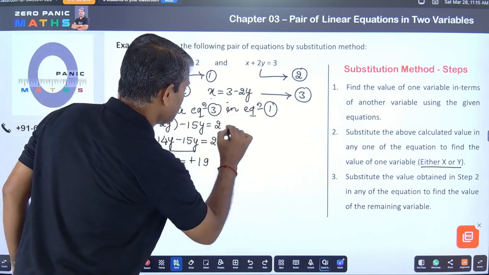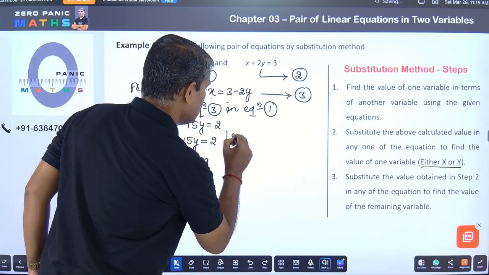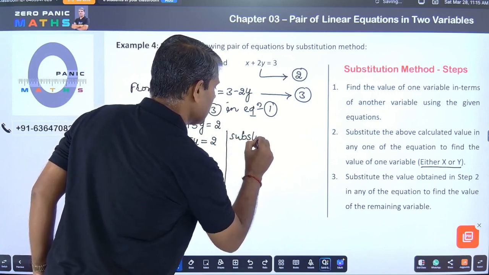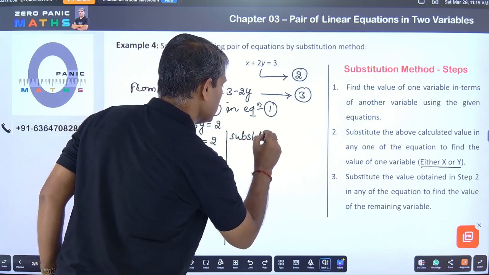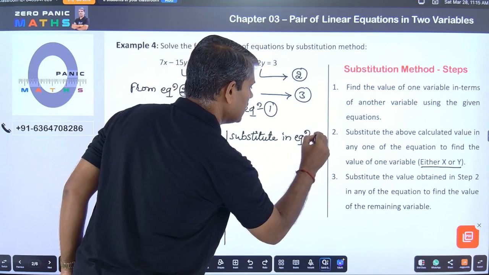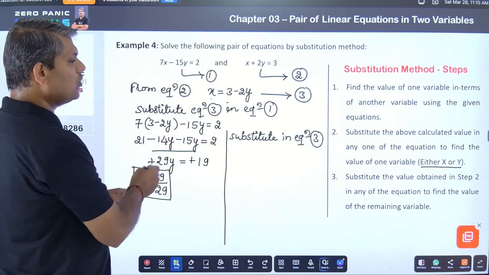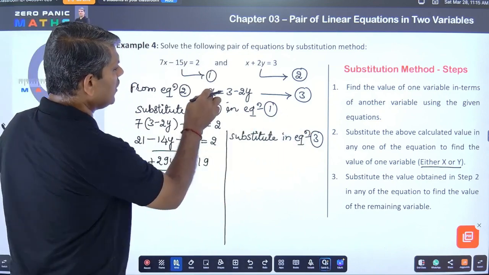Okay, so now let me write that here only. Substitute in equation 3. Assuming this is equation 4, substitute the value of y in equation 3. What is equation 3?